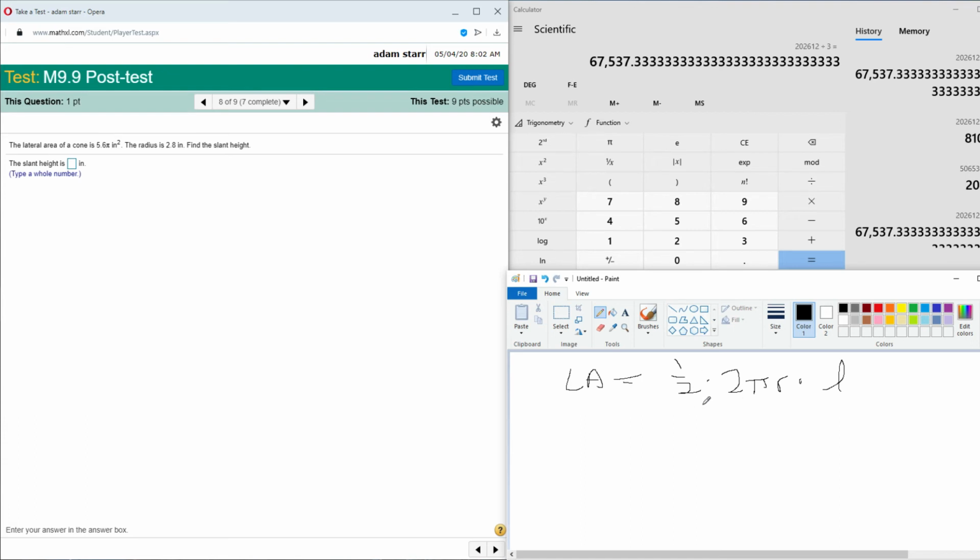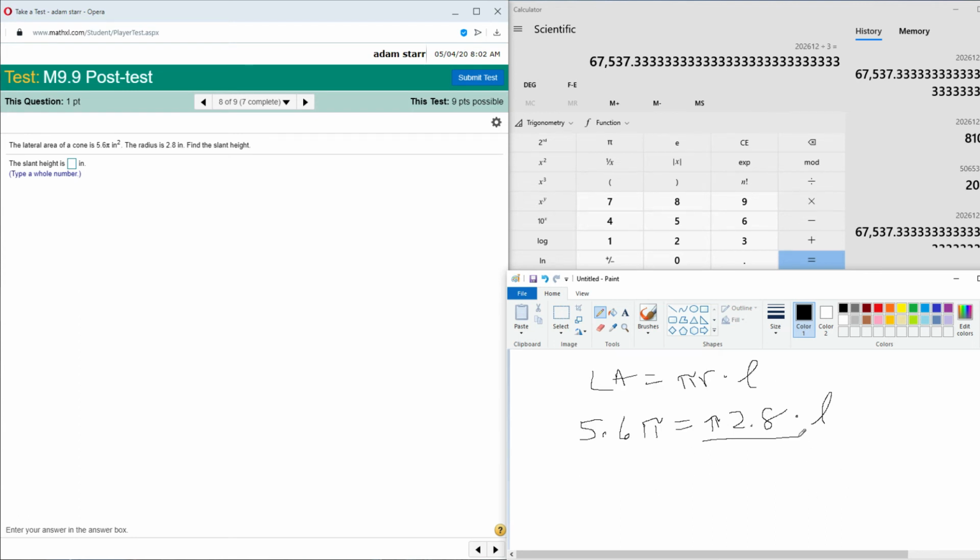We can simplify it a little bit. The 1/2 and the 2 will cancel each other out. So our lateral area is actually just pi times the radius times the slant height. I know what my lateral area is, it's 5.6 pi, equals pi times my radius, 2.8, times L. All we have to do is solve for L, the slant height, by dividing both sides by 2.8 pi.